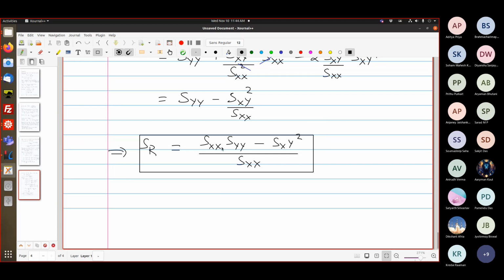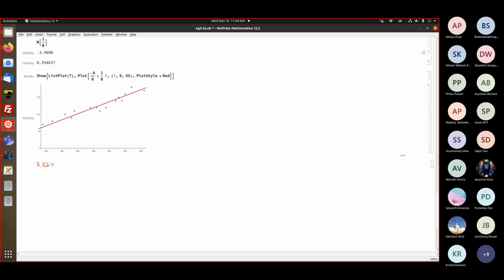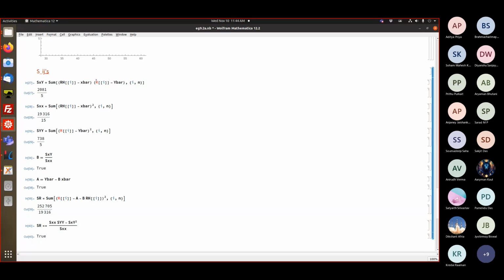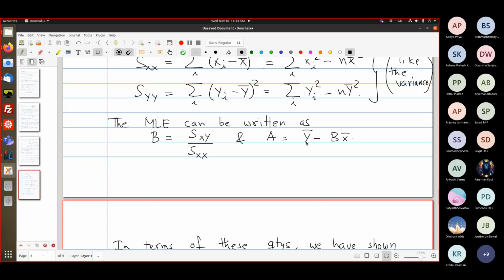So that's a compact formula for this. Let's again verify this in Mathematica. We have proved it, so nothing to verify, but just. Sxy was the sum over xi minus x bar times yi minus y bar. Sxx is sum over xi minus x bar whole squared. Syy is sum over yi minus y bar whole squared. Let's check these two equalities.